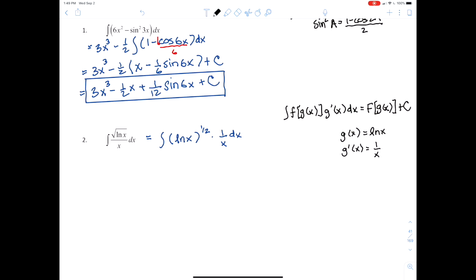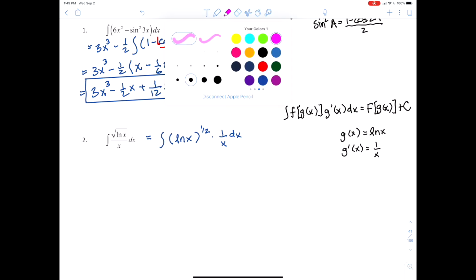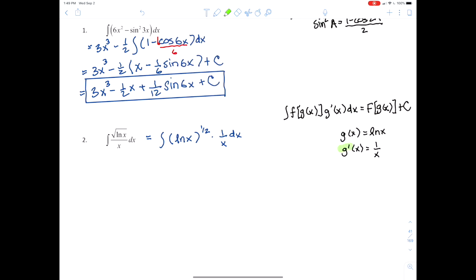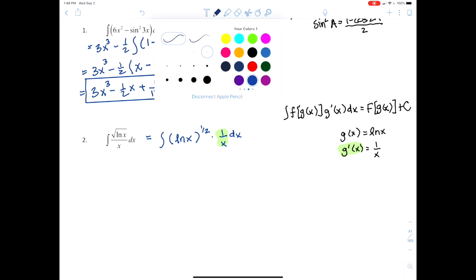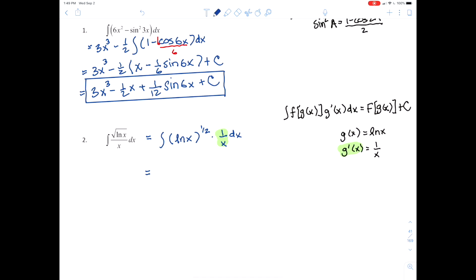So hopefully you see that we have our g prime at x, and then of course we have our dx. So we'll end up getting quantity natural log at x raised to the 3/2, because you got something raised to the 1/2 power, over 3/2, just use the power rule, plus c.